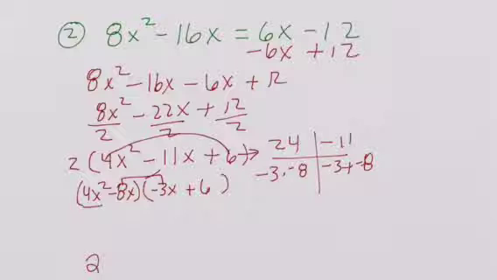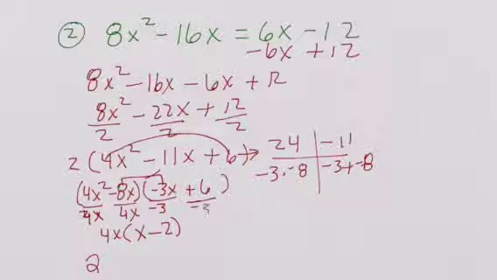Now we're going to do our greatest common factor, which is going to be 4x, 4x, 4x. So 4 goes into 4 one time. Where do I have more x's? On the top, and how many more do I have? I have 1. 4 goes into 8 2 times. Where do I have more x's? I don't, so I don't have to write it. Now remember Hampton rule, I need to divide out a negative 3 because this term right here is negative.